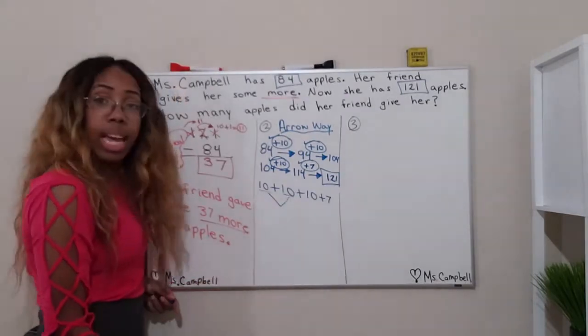We know 10 plus 10 equals 20. And what's 20 plus 10? 20 plus 10 equals 30, right? Because 10, 20, 30. So what's 30 plus 7? 30 plus 7 equals 37.